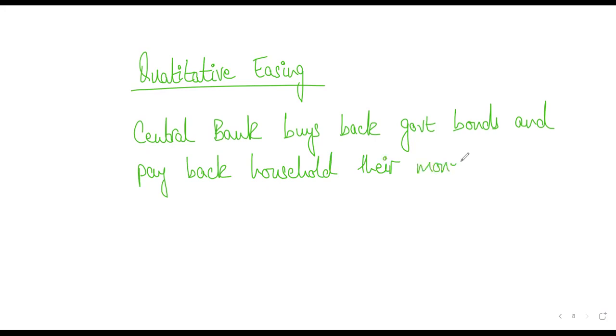Where does this money go? This money paid back to households becomes available to the commercial banks. This is the entire process: the central bank buys back government bonds and pays back households their money, which becomes available in commercial banks for issuing of loans.